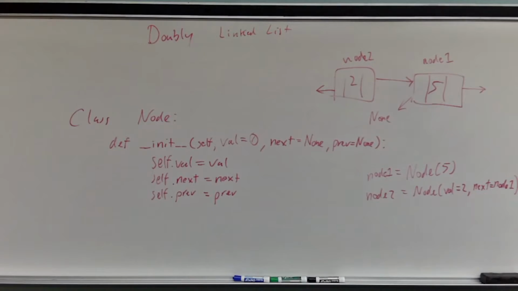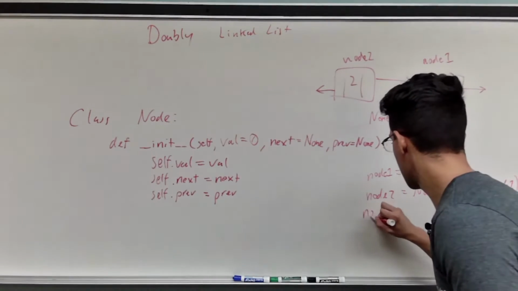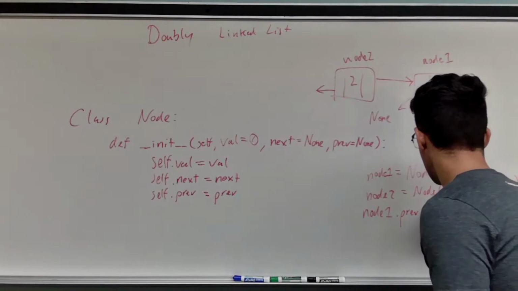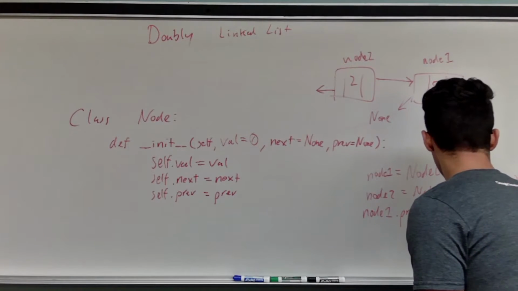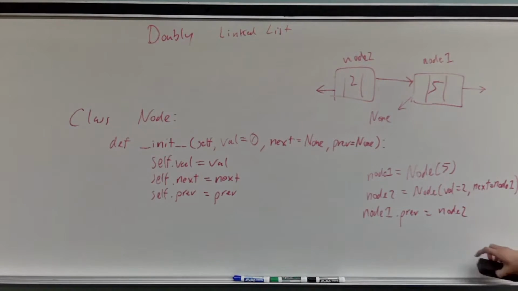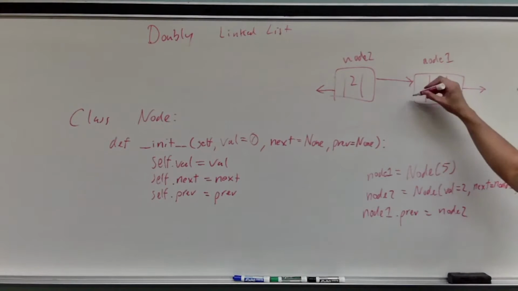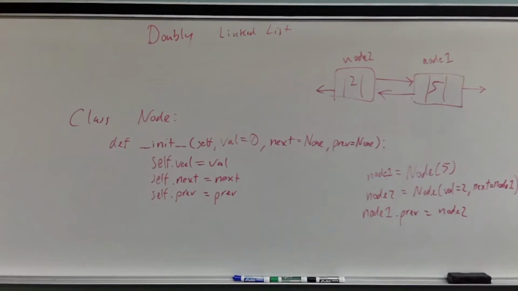And say I want to change it. I could just do this, and that sets it up such that now the previous is node 2, which is what we called here.